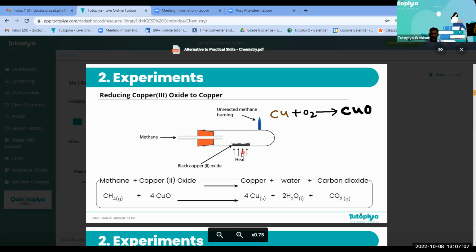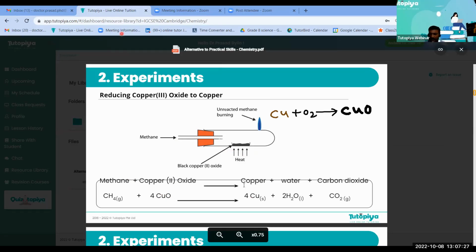You know what happens when you heat this copper oxide from outside? This copper oxide gets reduced to copper.